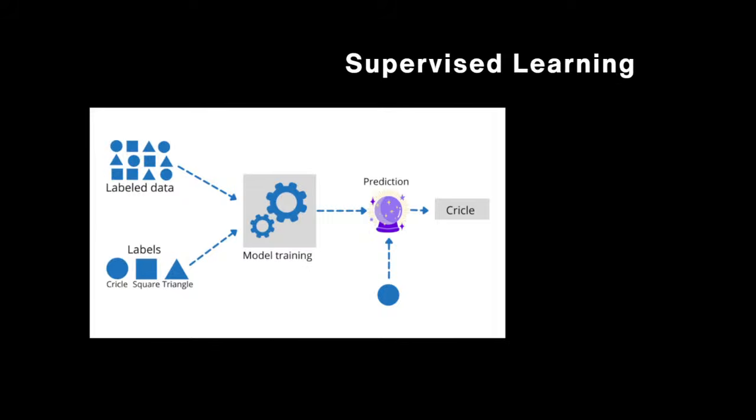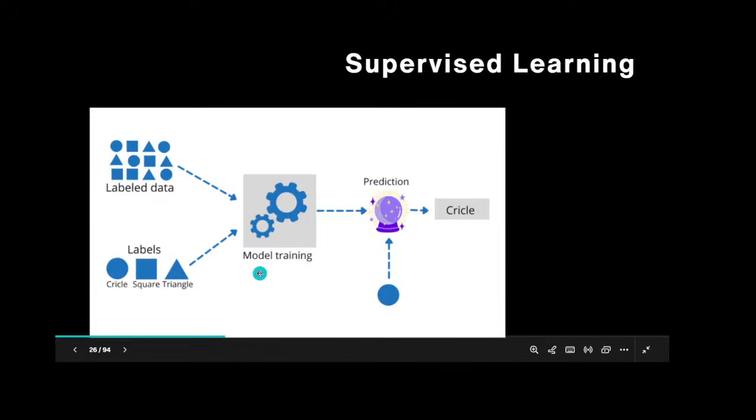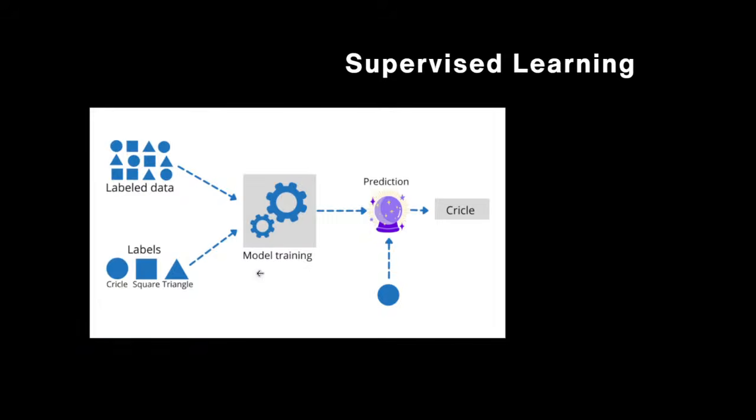So what is supervised? Supervised means I train the model. What is a model? The model is a brain. So based on data I can train a brain.